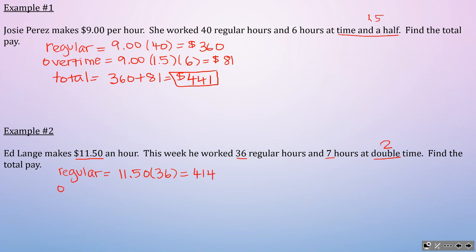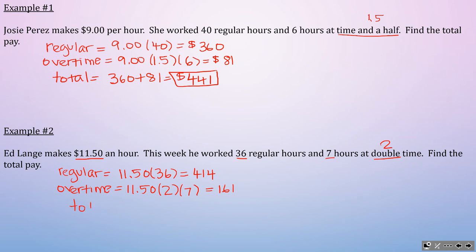Then I can find my overtime pay by taking the hourly rate, $11.50, multiplying it by the overtime rate, which is 2, and multiplying by how many hours he worked, which is 7. So $11.50 times 2 times 7 is $161.